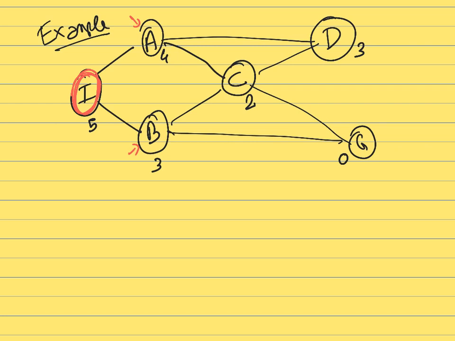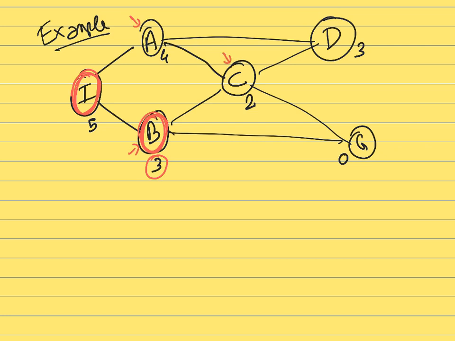Here in this case, you will pick the state B. Why? Because it brings you closer to your final goal. State B is at a distance of 3 from the goal, whereas state A is at a distance of 4 from the goal. So you will pick state B and you will expand state B.